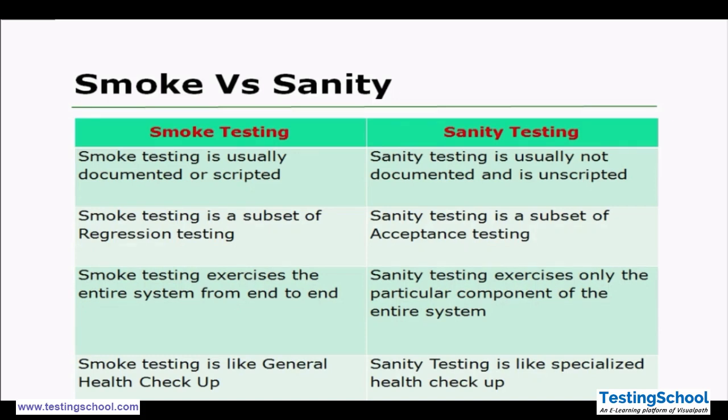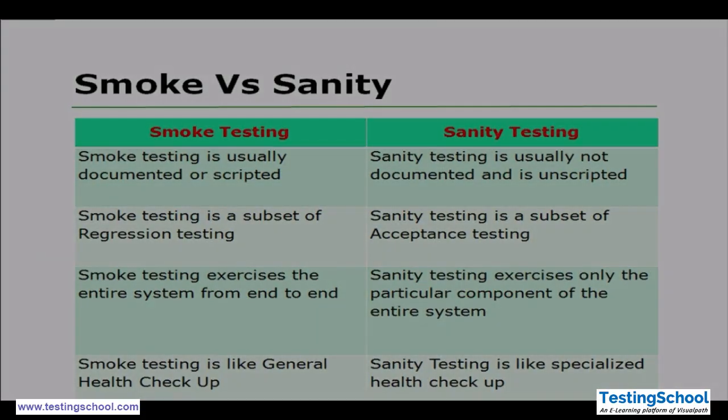Smoke testing is like a general health checkup, but sanity testing is like a specialized health checkup. So these are the main differences between smoke testing and sanity testing. In this session, we have seen regression testing, retesting, smoke testing and sanity testing.